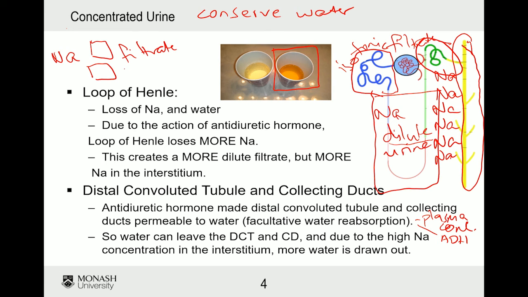We have water here going out through these new ion channels that have been produced by the antidiuretic hormone. That goes out to the sodium, and because there's lots of sodium, a lot of water is leaving the cell, causing a lot more water to come into the cell and leave the filtrate. Therefore, we have concentrated urine down the bottom of our collecting duct.